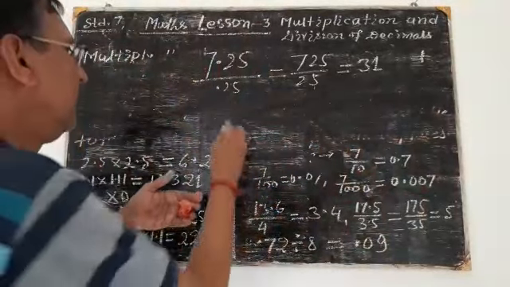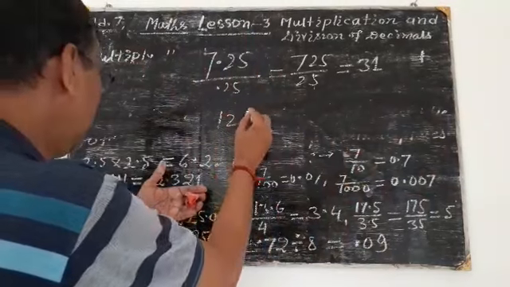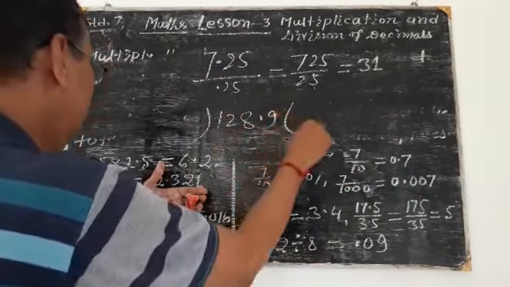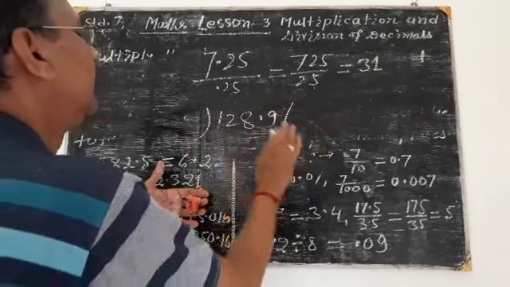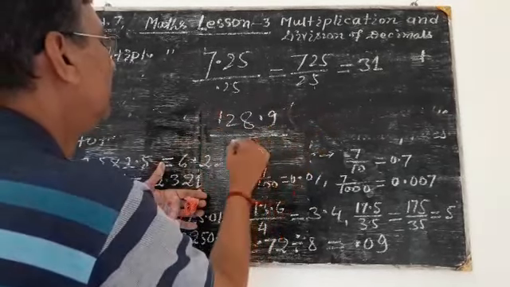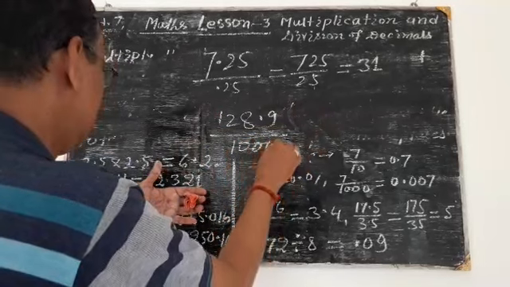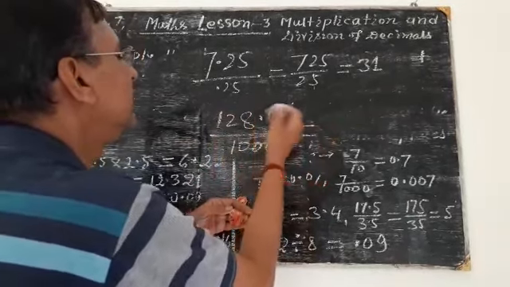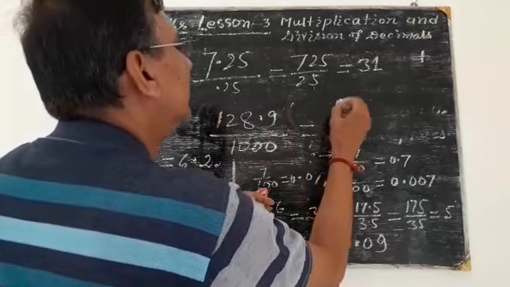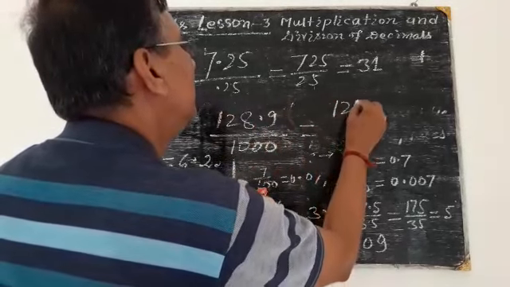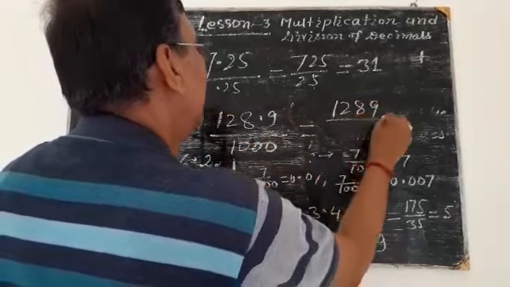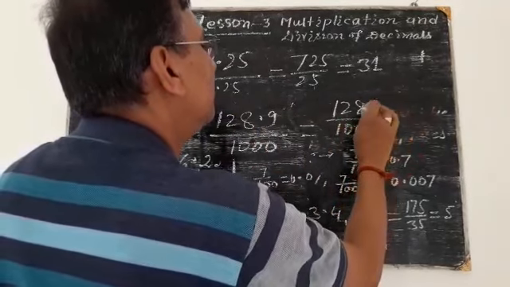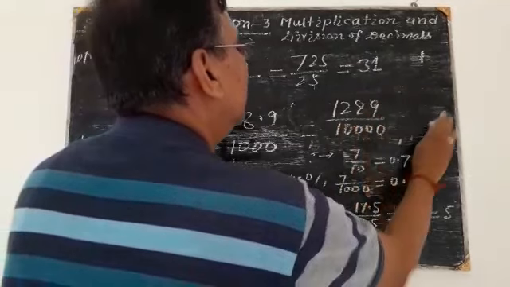Now divide 1, 2, 8.9 by. See here, the decimal is after 1 decimal place, so 1289 divided by 100, and 1 place is available, so put a 0.